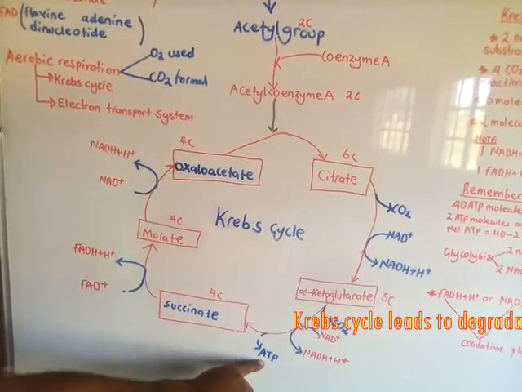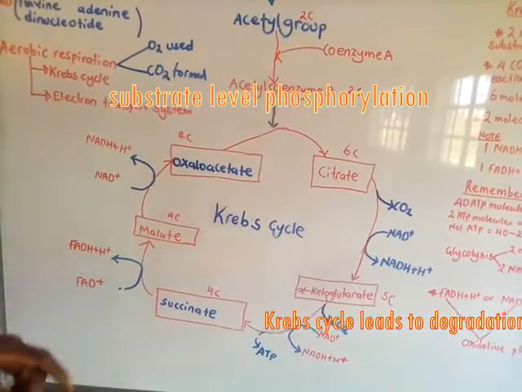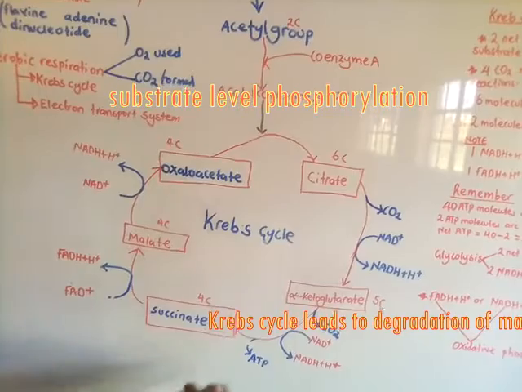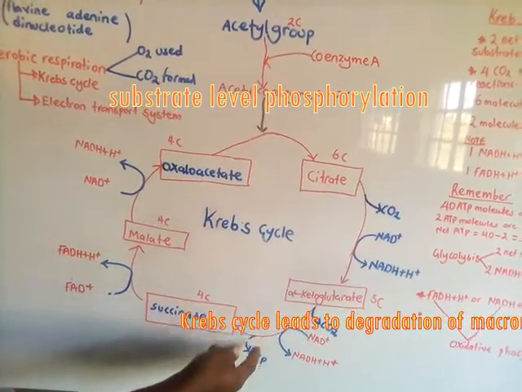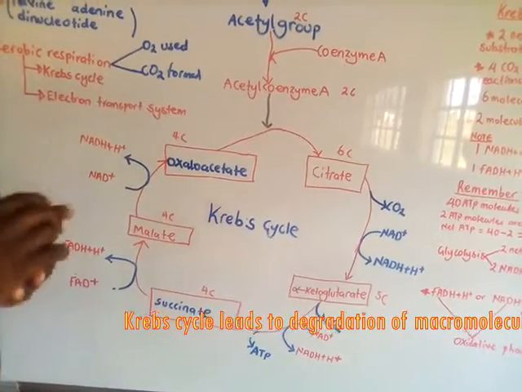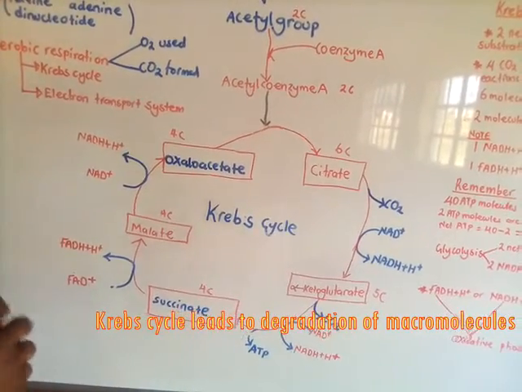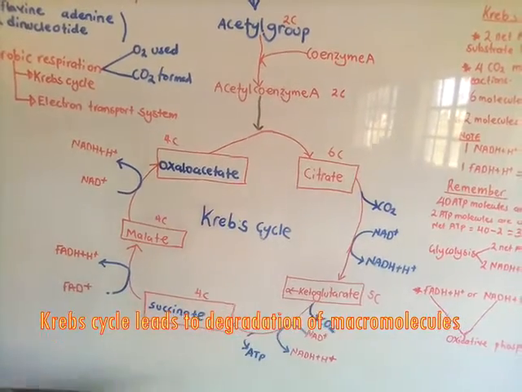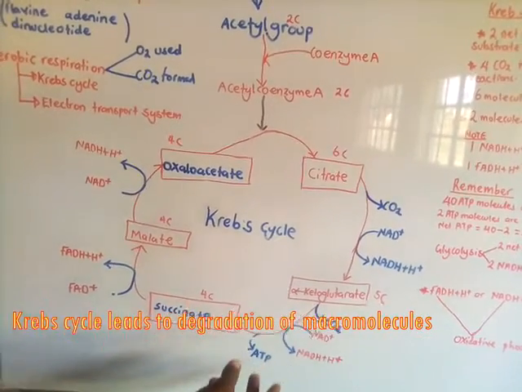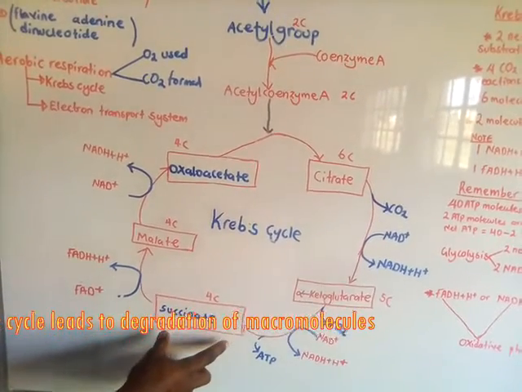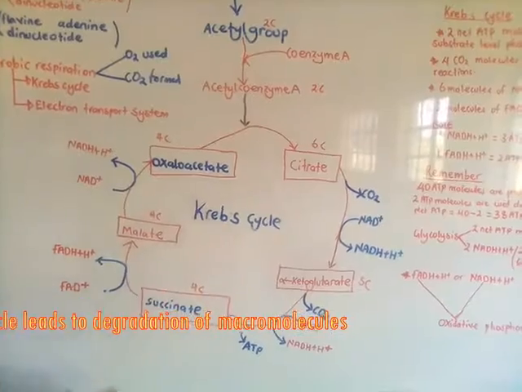But this ATP formed here is as a result of substrate level phosphorylation, in that we are going to get ADP and it's going to form ATP, not as it happens in the electron transport system. That one which happens in the electron transport system is called oxidative phosphorylation. This one is called substrate level phosphorylation. So we shall end up forming succinic acid or succinate, which is a 4-carbon sugar.